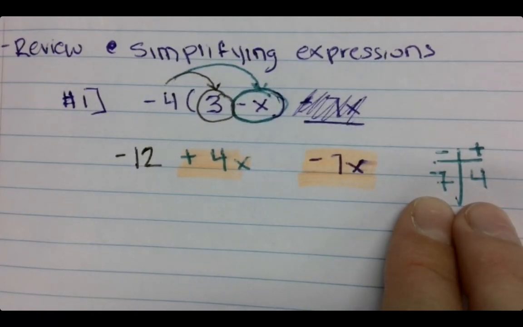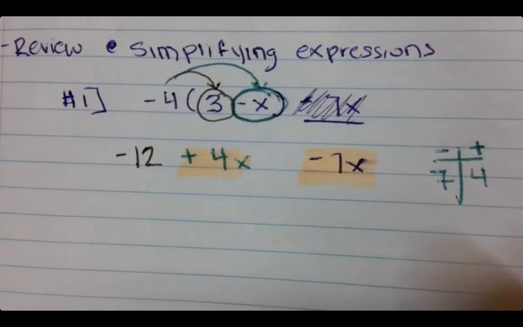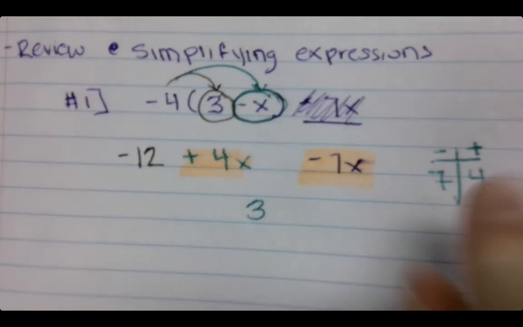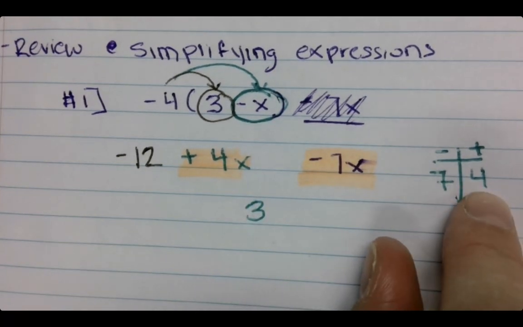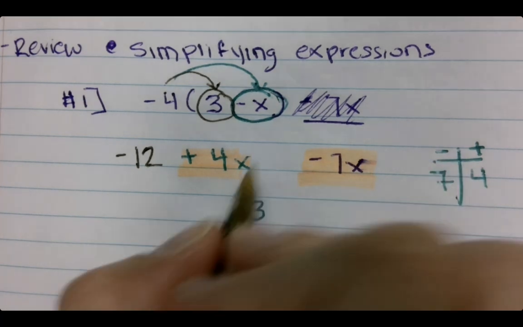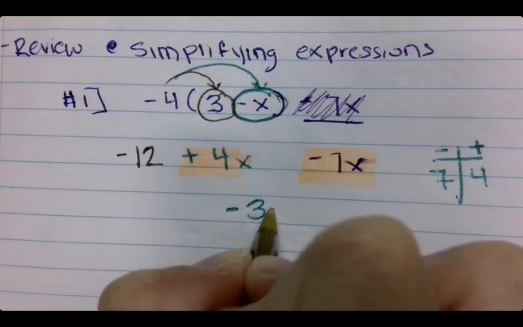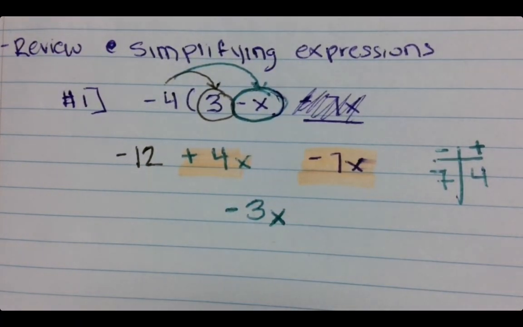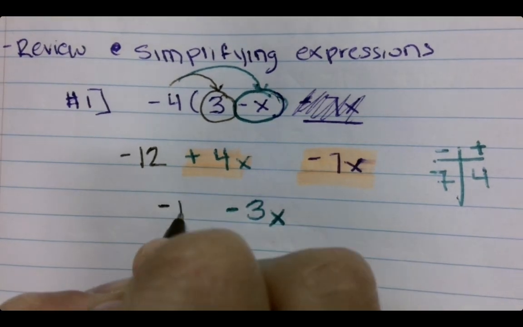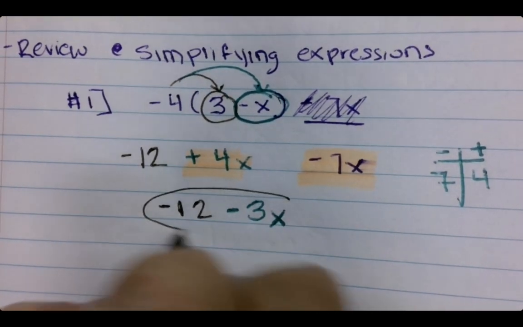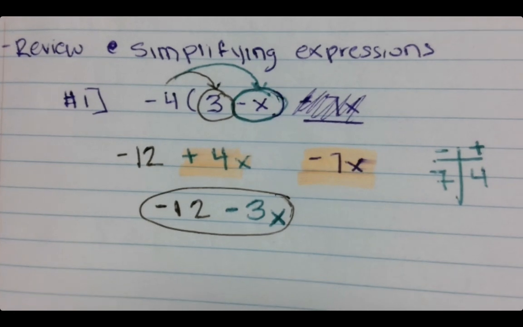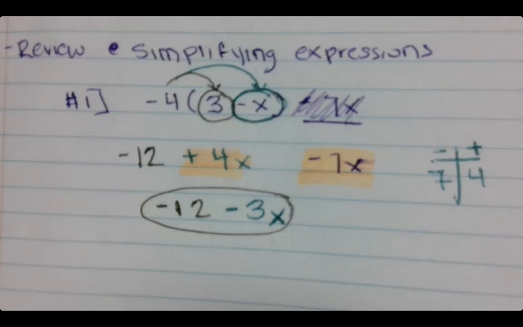When they're on different sides, you subtract. So 7 minus 4 is 3. 7 is bigger than 4, so I'm going to keep the sign that's on the 7, which is negative. And then I just add an x. And then I can bring down my -12. That's all that can be combined. So that is it. All right.